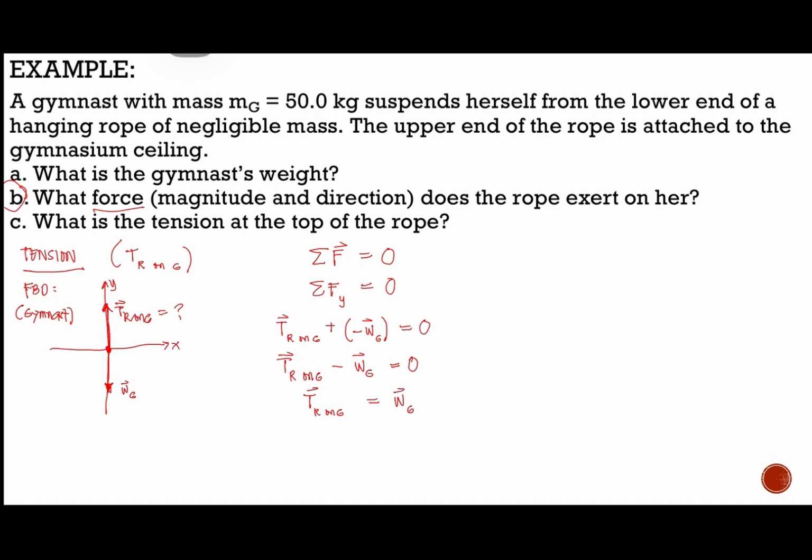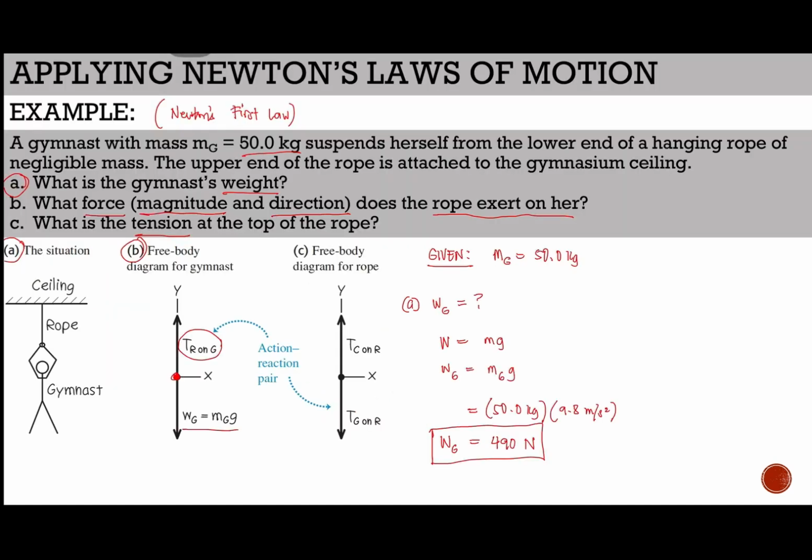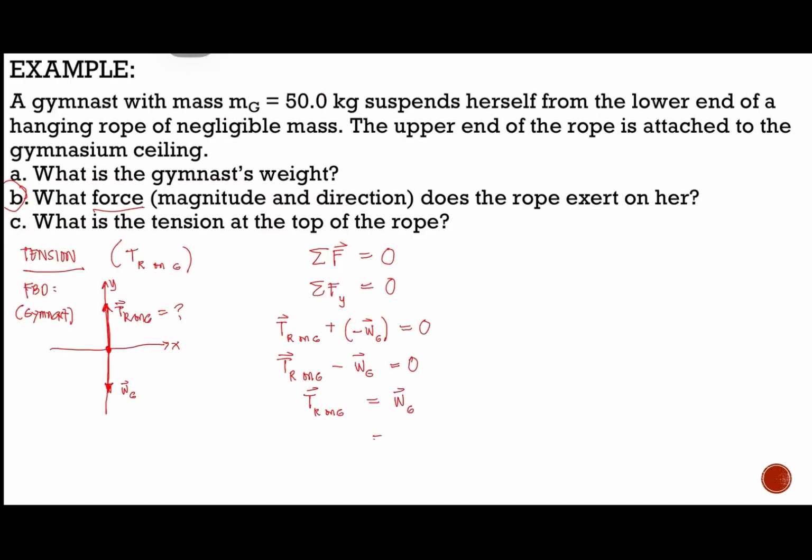So we have a value for the weight of the gymnast, which we resolved in letter A, equal to 490 newtons. Okay, so it is just equal to the weight of the gymnast, but the direction of the tension force that the rope exerts on the gymnast is along the positive y-axis.